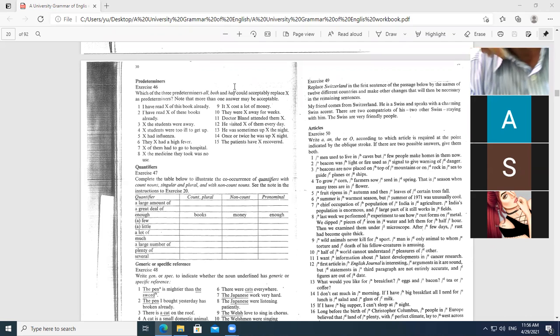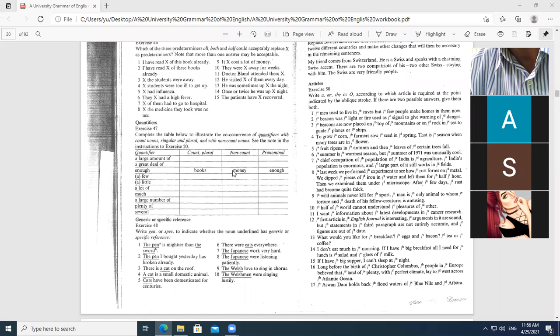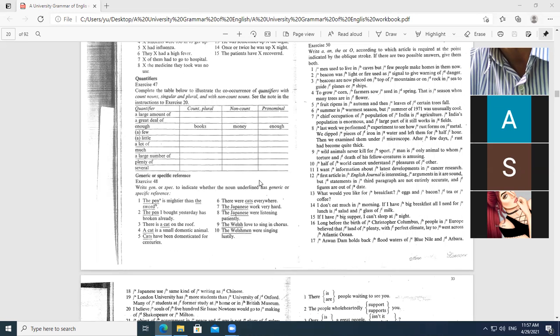Some sentences take the three, some take two, and some take one. We cannot apply the same rule to all the sentences, because the sentences are different. Some allow some of them, and don't allow others, or allow all of them. It depends on the structure of the sentence.